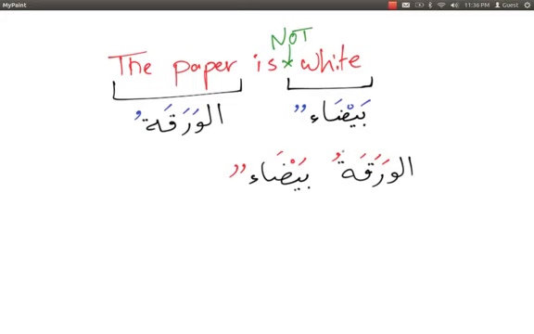To do so, we would add the word laysa or laysat in front of the sentence, depending of course on the subject. And this time it's waraqa, and waraqa is feminine, so I'm going to use laysat.